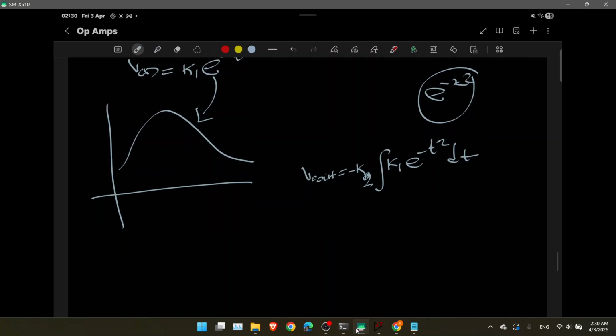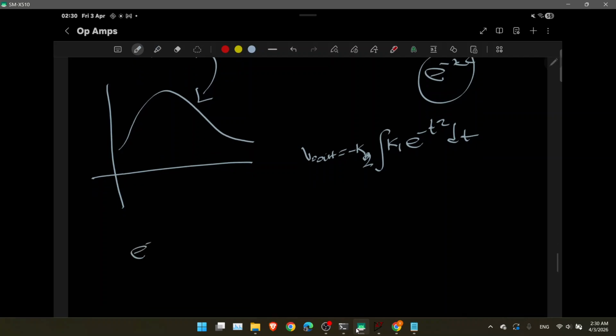Let's deep dive into what e to the minus t squared means. If you use the Taylor expansion, you can write 1 minus t squared over 1 factorial, plus t to the power 4 over 2 factorial, and again minus t to the power 6 over 3 factorial.